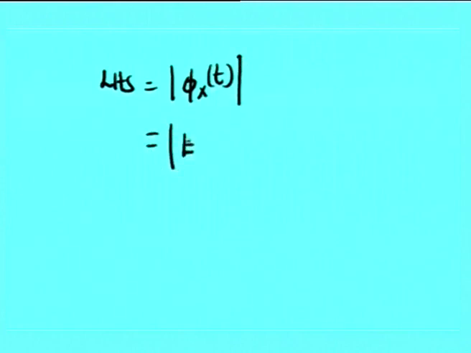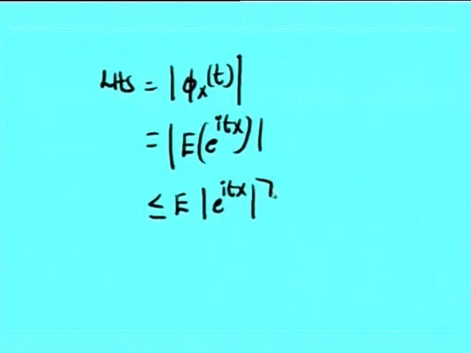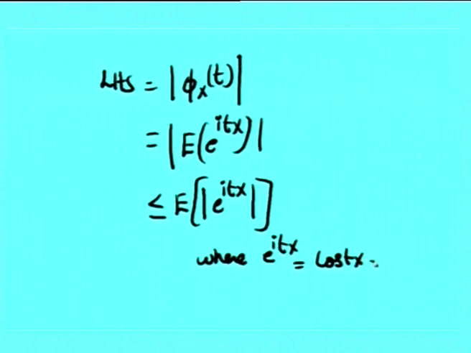Property 2, take the left hand side, which is modulus of pi x of t. According to the definition, this is modulus of expectation of e power itx, which is less than or equal to, when you take the modulus inside, expectation of modulus of e power itx. And e power itx is cos tx plus i sin tx.